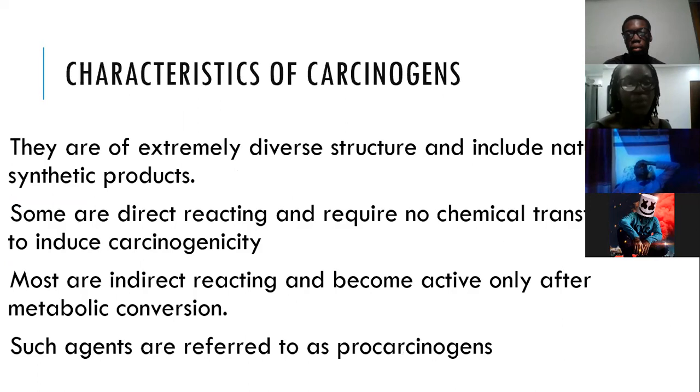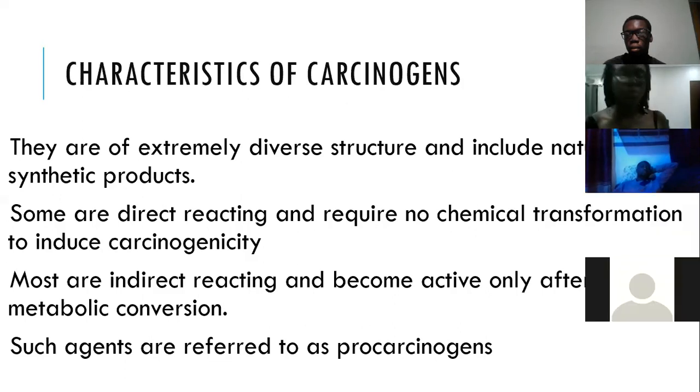But before we get to that, there are certain characteristics of carcinogens. Some of them would act directly. Some would be metabolized into another product, and that product is what will cause the carcinogenesis or the cancer. Those that change into metabolic products are called procarcinogens.